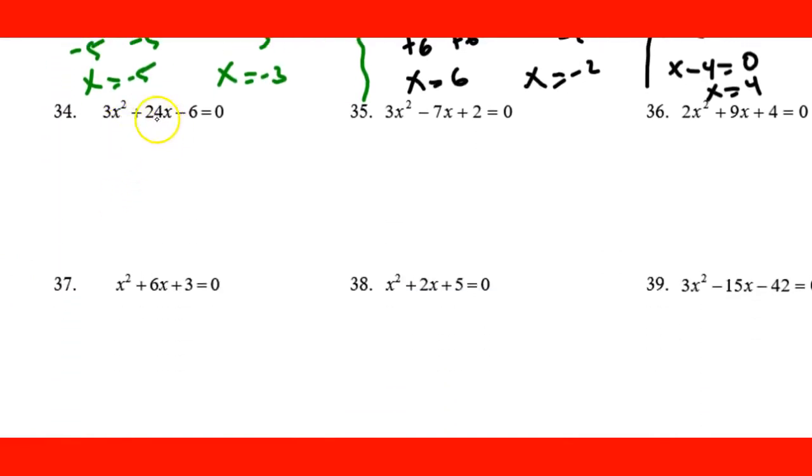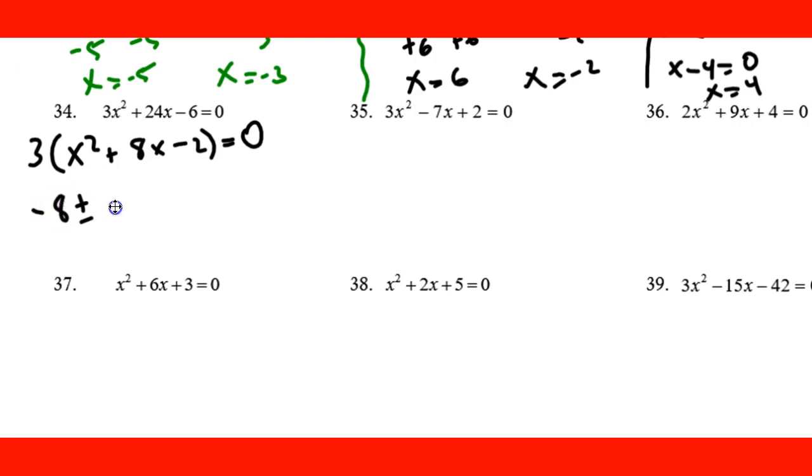Right here, let's see. Can I factor out a GCF again? Yup, 3. So you have x squared plus 8x minus 2. Now with this one, we're going to have to use the quadratic formula. Negative b in this case is negative 8.